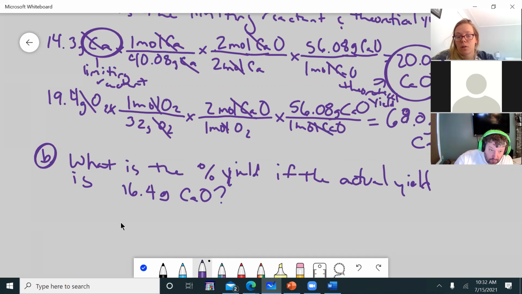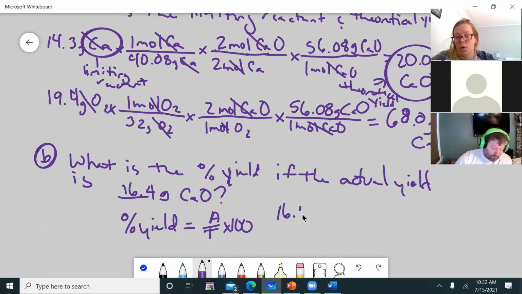So remember, percent yield is equal to actual over theoretical times 100, or A over T. Here's the actual, it's given to me, 16.4 grams. Where is the theoretical? It's right up here.